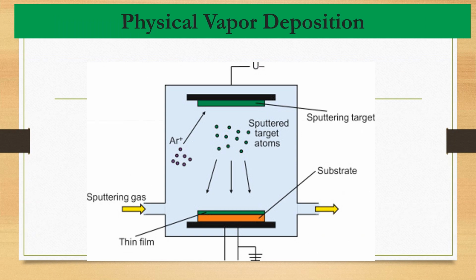Here is the layout of the chamber used for physical vapor deposition process, and from left side of this chamber you can see there is the opening for the entry of sputtering gases, and these sputtering gases come inside the chamber. These gases are heated, and as a result, these gases are converted into the ions.